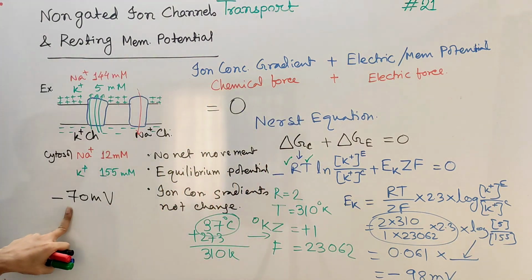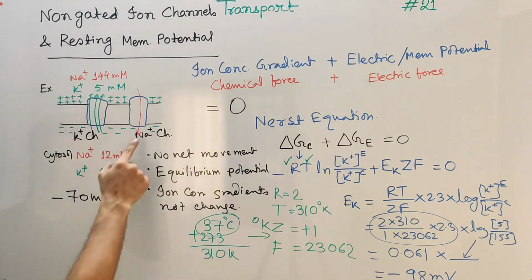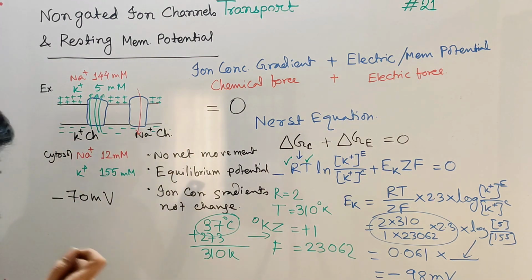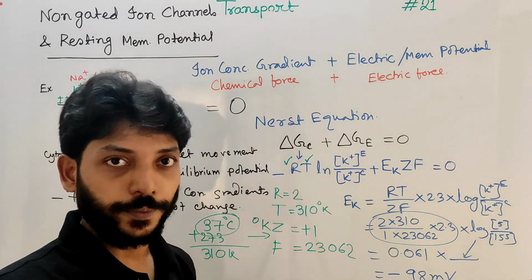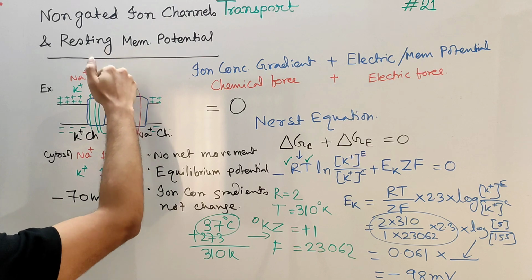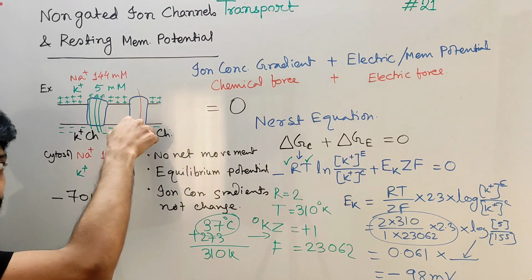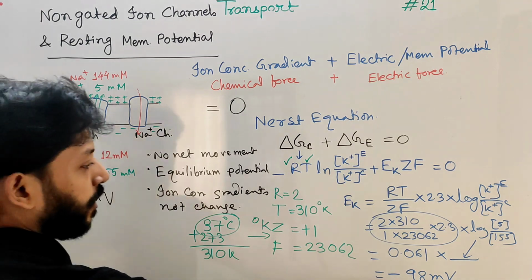Why is the value of the resting membrane potential less than minus 98 millivolt? Because a few sodium ion channels are actually open, and what will happen, because sodium ions are higher outside and lower inside, more sodium will move inside, and that will decrease the value.